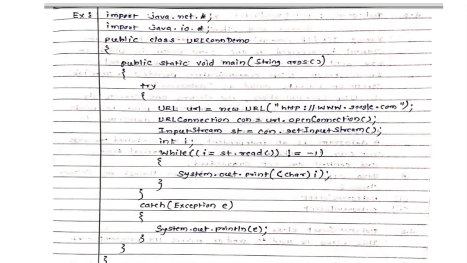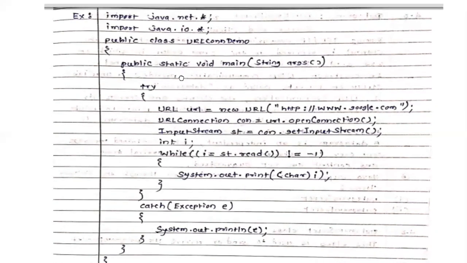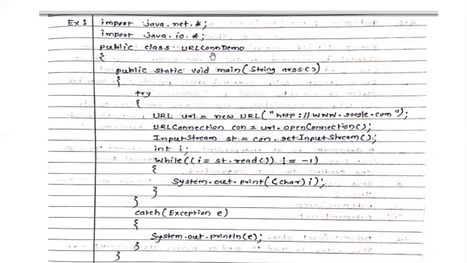Then for reading and writing input and output, we import java.io.*. The name of the class is URLConnectionDemo: public class URLConnectionDemo, public static void main(String args[]). The code is written in a try-catch block.